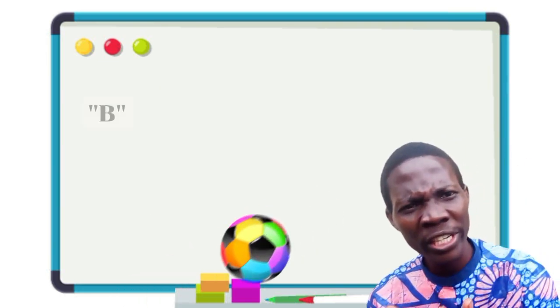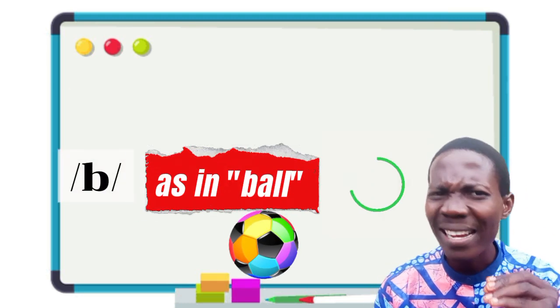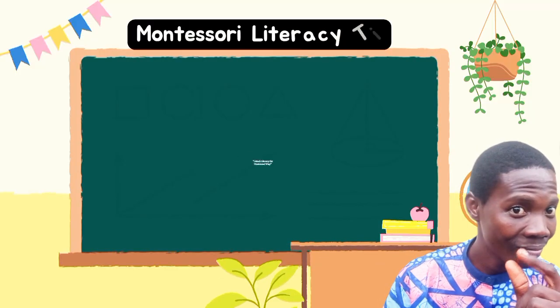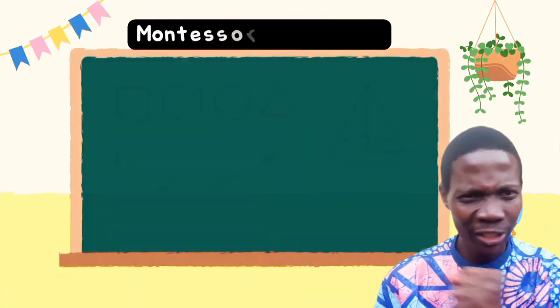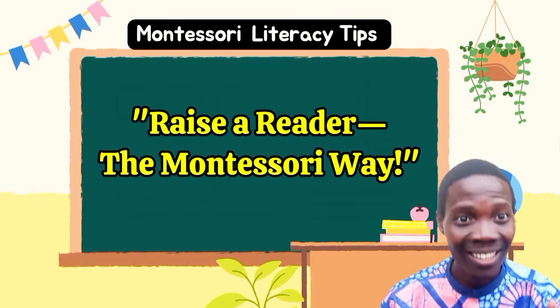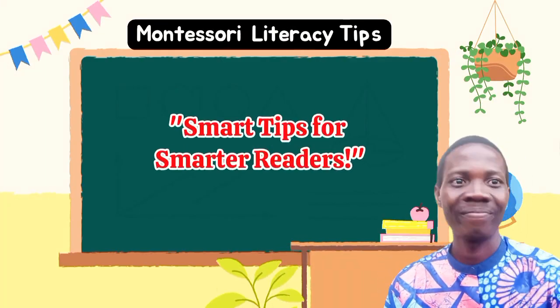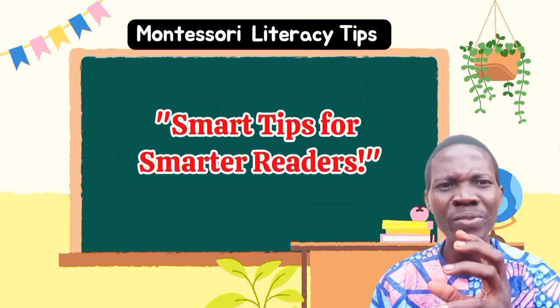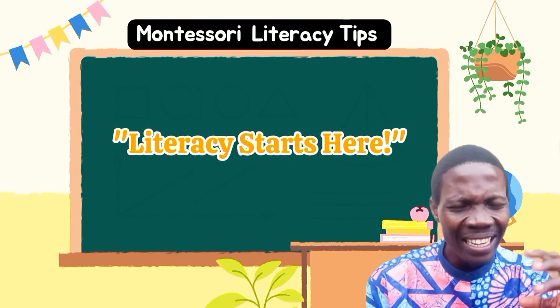Instead of saying B is for ball, you should say B as in ball, using the sound. This is a quick catch to raise confident learners and readers. More importantly, this builds a strong foundation for blending and decoding words.